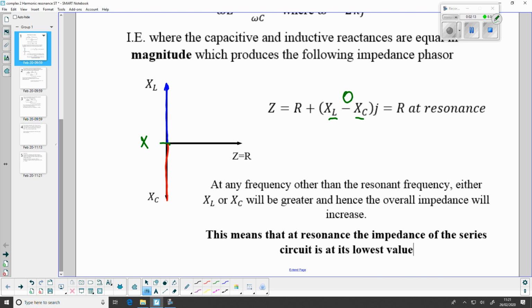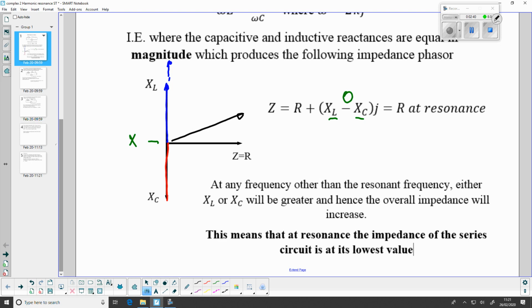In all the other situations, remember, if we increase frequency, the blue line would get longer. So if we increased frequency up to there somewhere, all this phasor here goes upwards, and increases the overall impedance.